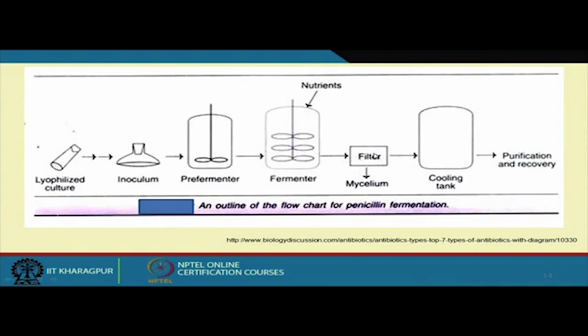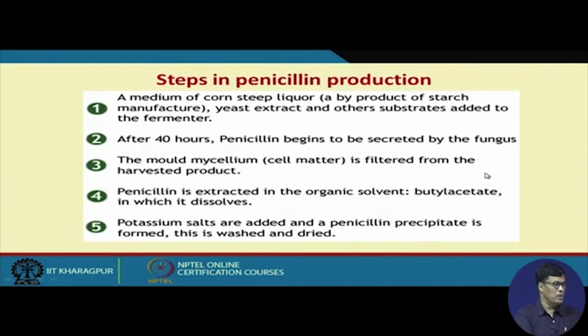Since the fungal size is quite big, a couple of millimeters, it can be easily separated with the rotary vacuum filter, where you get the mycelium, and this mycelia can be used for the production of rough quality paper. Then you put it in the cold tank, and then to the purification and recovery process. These are the steps involved in penicillin production.